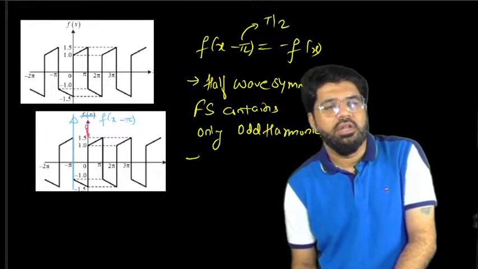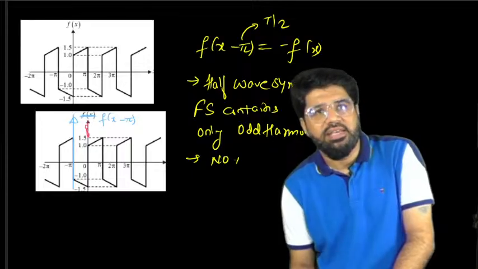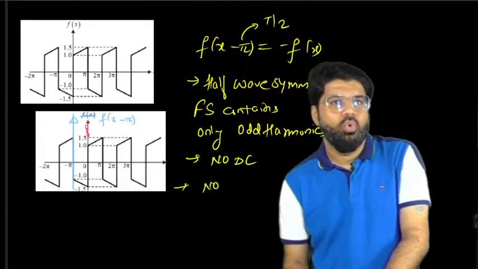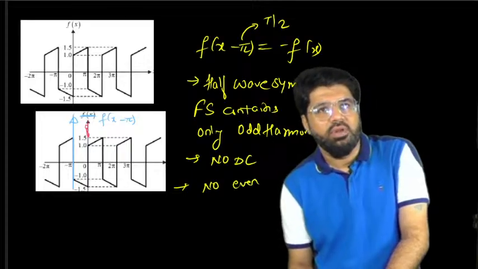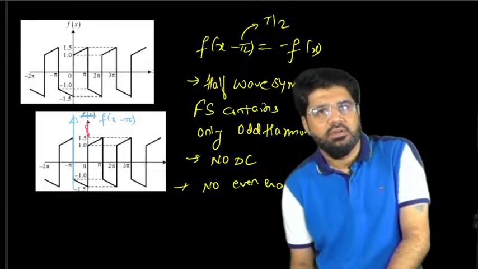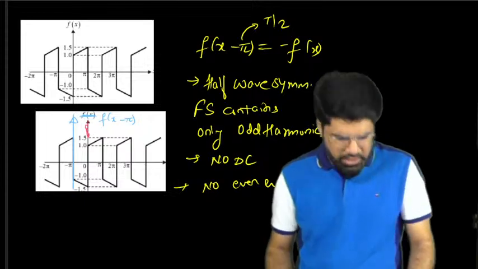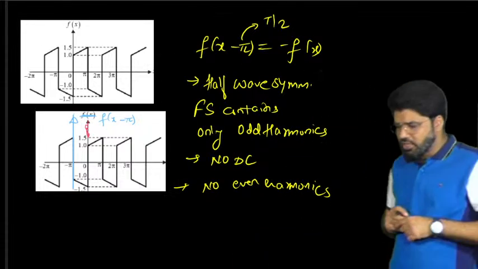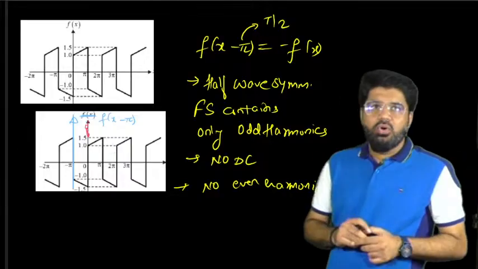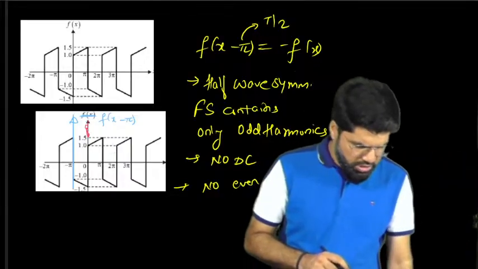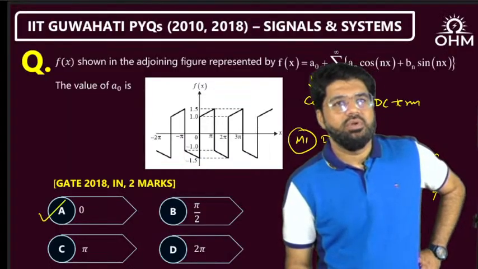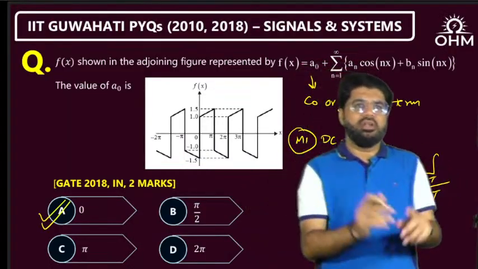That means there is no DC and no even harmonics. That is the correct analysis, so the answer is 0. There is no DC as well. Even if you integrate and solve, it's going to be 0.